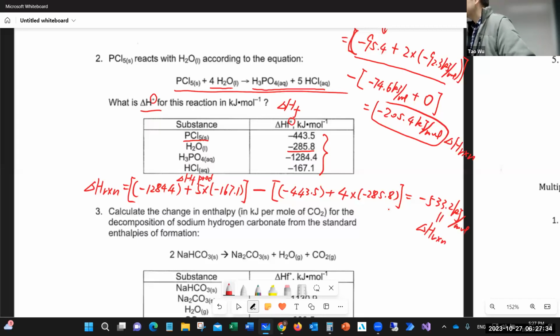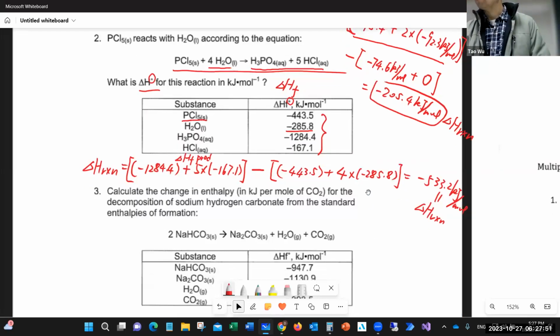Pretty straightforward, right? Just figure out what the reactants are, what the products are, the sum of the enthalpy of formation for the products, and the sum of the enthalpy of formation of the reactants, then that's it. Make sense? Okay, go ahead and work on question number 3.